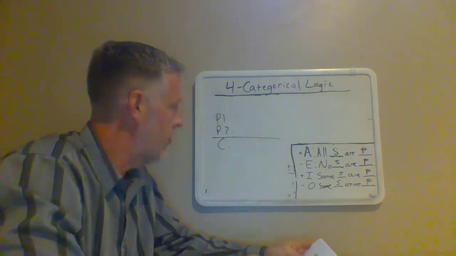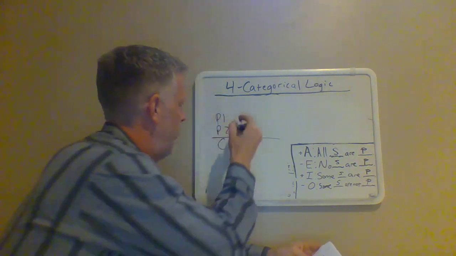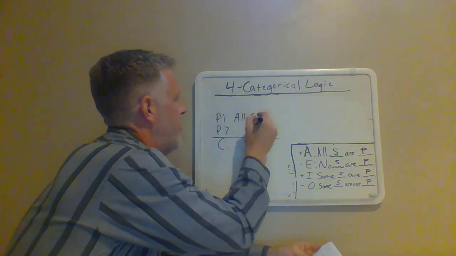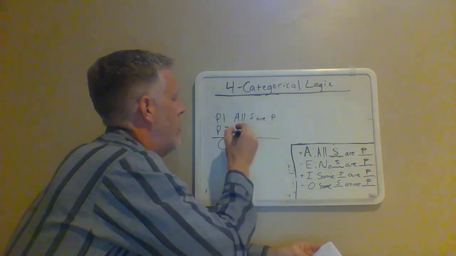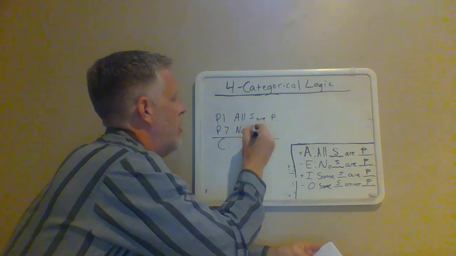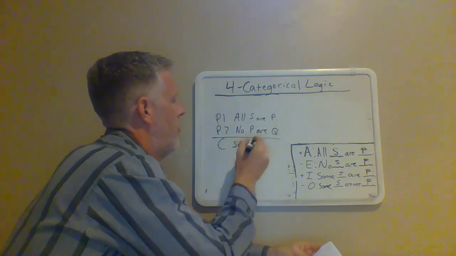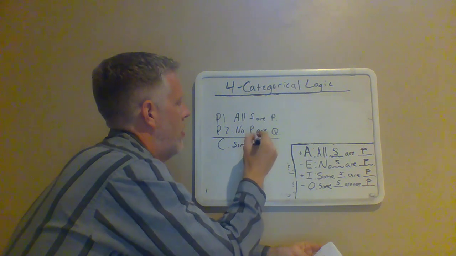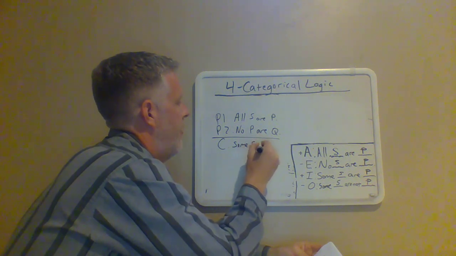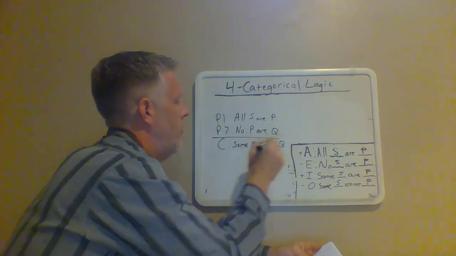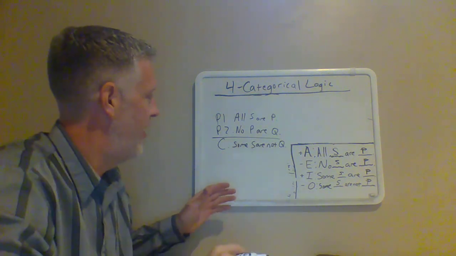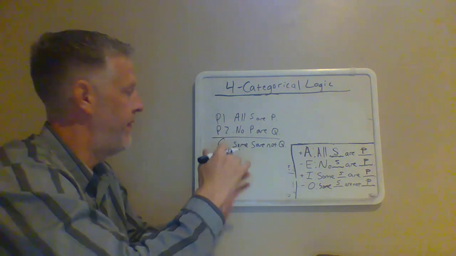As I point out there, so let's say: All S are P, No P are Q, therefore Some S are not Q. I have no idea whether it's valid or invalid, just throwing stuff up here right now.